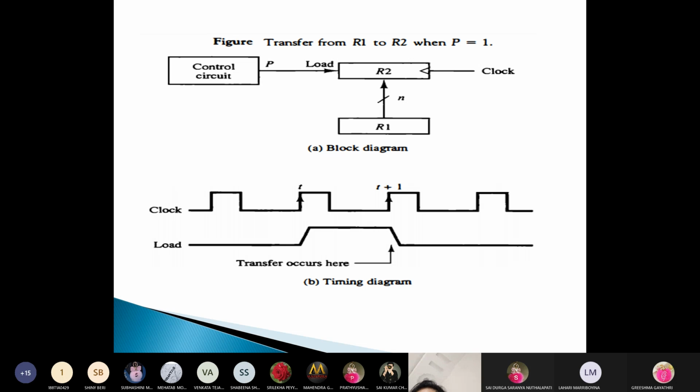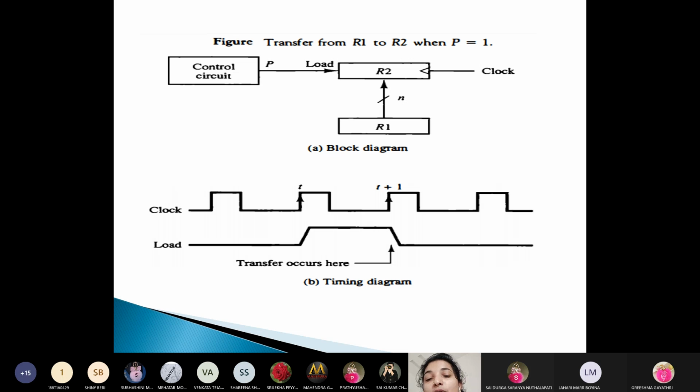Okay, so in this timing diagram, P is activated in the control section by the rising edge of the clock pulse at time T. The next positive transition of the clock at time T plus 1 finds the load input active, and the data inputs of R2 are then loaded into the register in parallel.